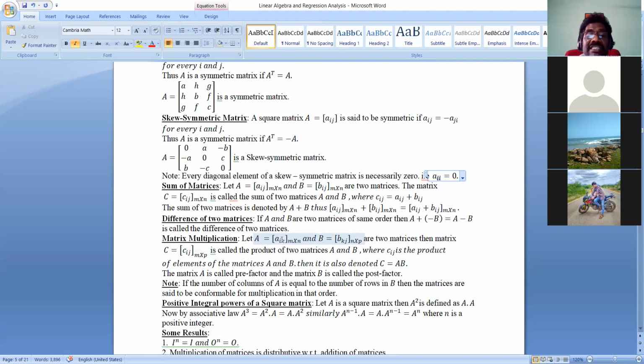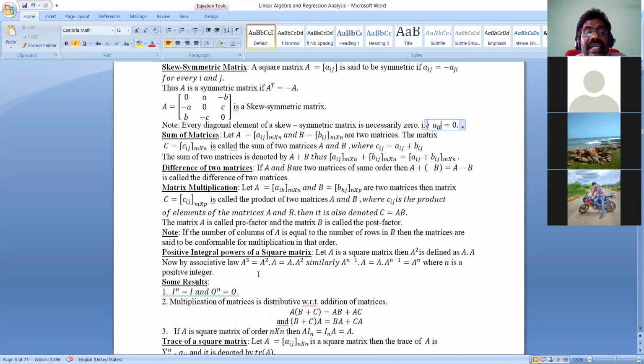This is the brief discussion about multiplication of two matrices, or more matrices also. Here capital A is called the pre-multiplier and capital B is called the post-multiplier. C is equal to AB. Here A is the pre-multiplier and B is the post-multiplier of this multiplication.